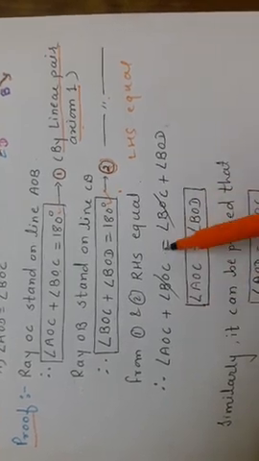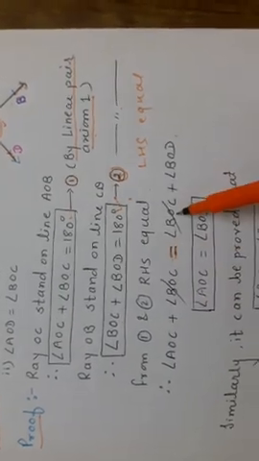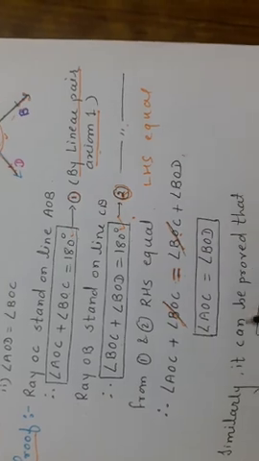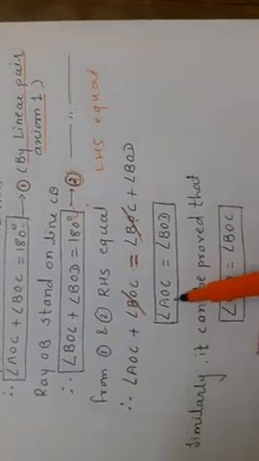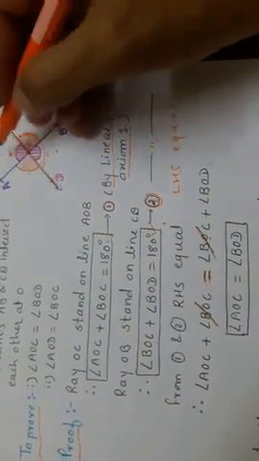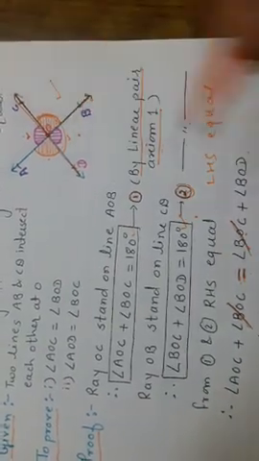Now are you finding that on both sides of the equal sign, angle BOC is common? That's why we are going to cancel it. So what is left? Angle AOC is equal to BOD. This is one pair of vertically opposite angles.